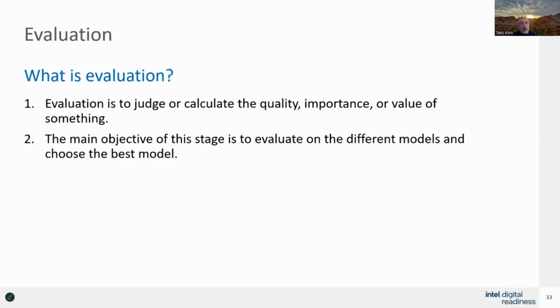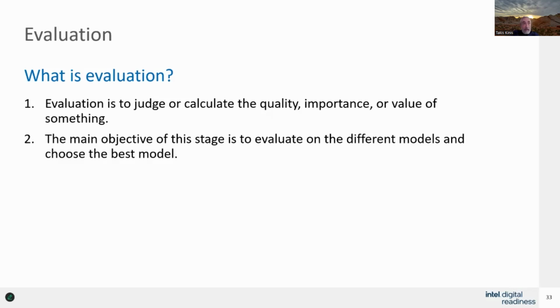But also when we're calculating, even though we're putting numbers on it, we're looking at things like quality, importance, or value. What's important to me might not be important to you, or it might not be as important to you, where something else might be more important, right? And you have to judge that. You may have to make a judgment call, like who's making that decision, right? So that's got to be part of the models. It says the main objective is to evaluate different models and choose the best model.